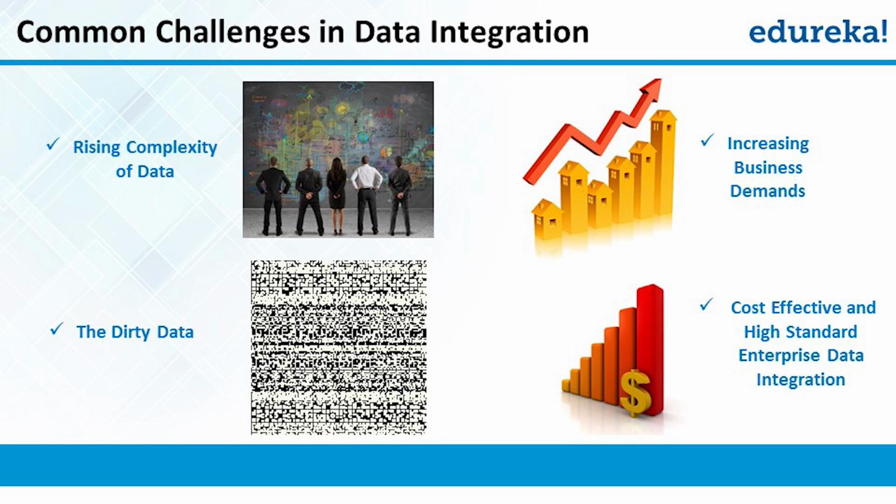So the common challenge in data integration is the rising complexity of the data. You see more and more unstructured data, and a huge amount of data is inflowing. Why? Because there is data from Facebook, Twitter, GIS data, mobile data. All sorts of different data are coming. Now, the level of income has increased for the common people, so they spend a lot. When they spend a lot, there is a lot of analysis going on at the back end.